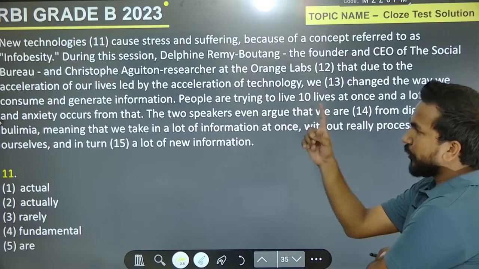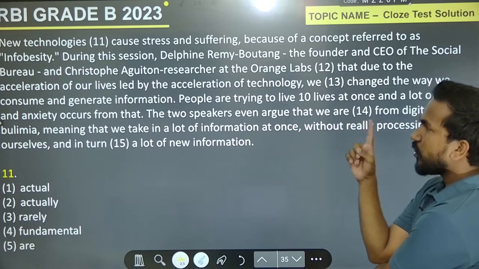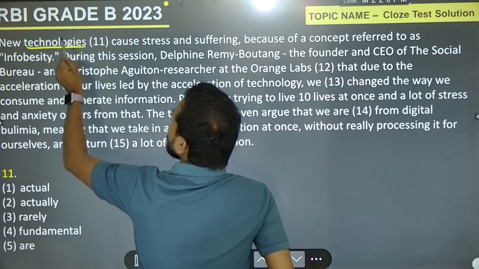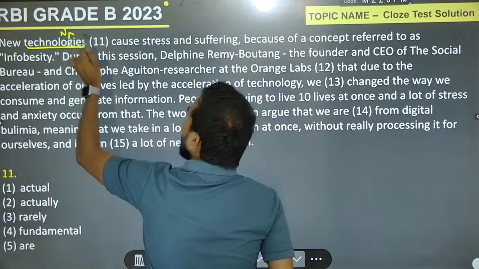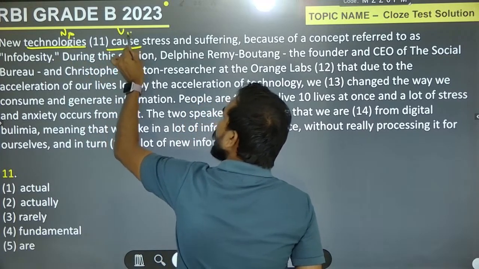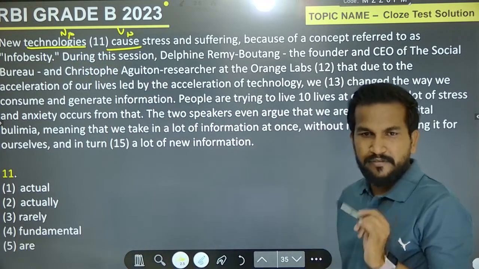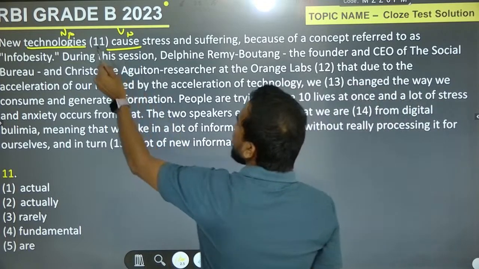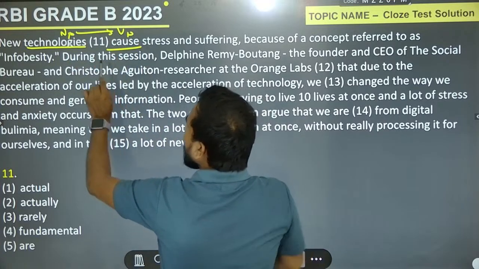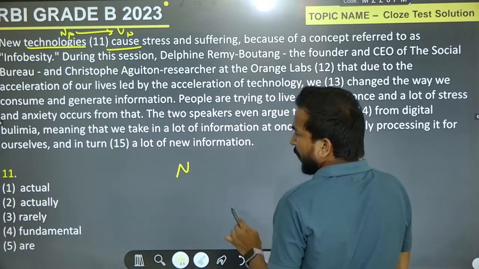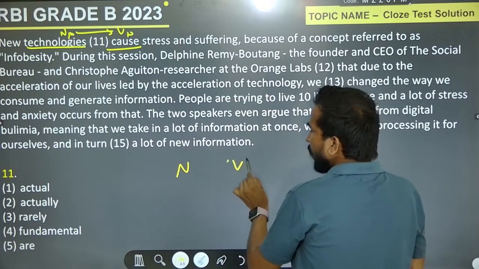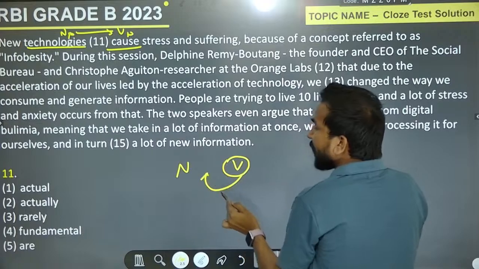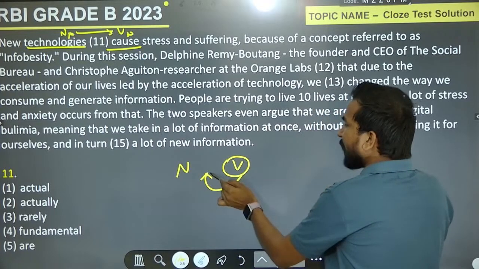Now we have new technologies blank cause stress and suffering. I definitely know that technologies is a noun, that is plural, and here we have the verb, and that is also plural. Cause is a verb. So here we have the complete sentence, and now we are asked to choose between a noun and a verb, and definitely if something is there that will qualify the verb, that will be an adverb.